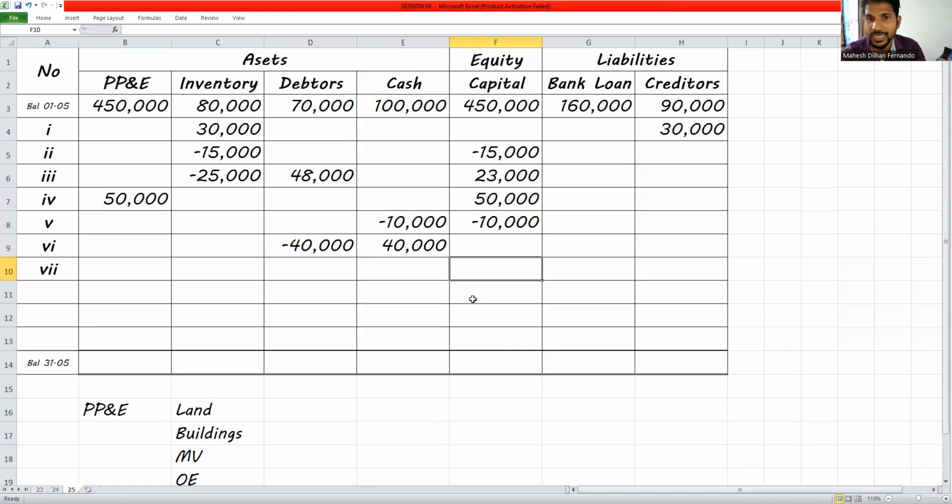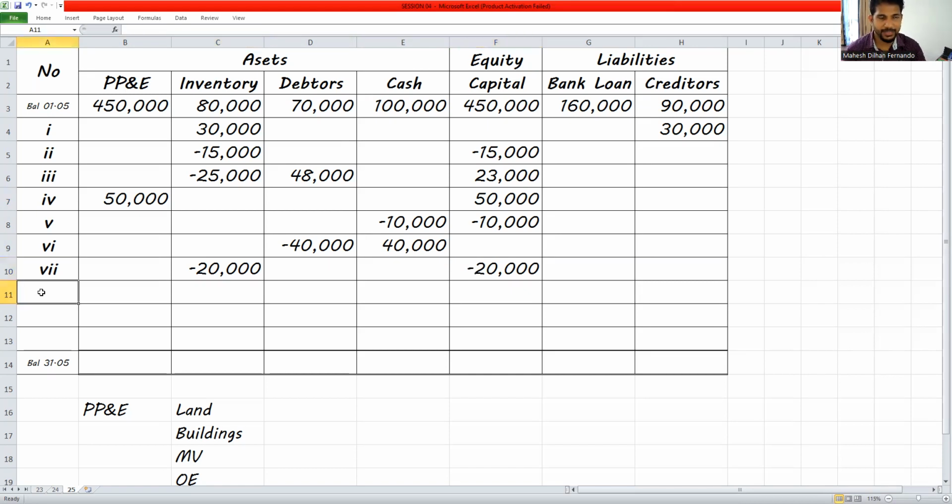Now, these are the hardest questions that a grade 10 student can get. But I don't think that it will be available even for the term test. Inventory minus 20,000. And capital, it's a loss now. The losses should be borne by the owner, so reduce it from the capital also. Asset decreases and equity decreases. Why? It is a loss for the business.